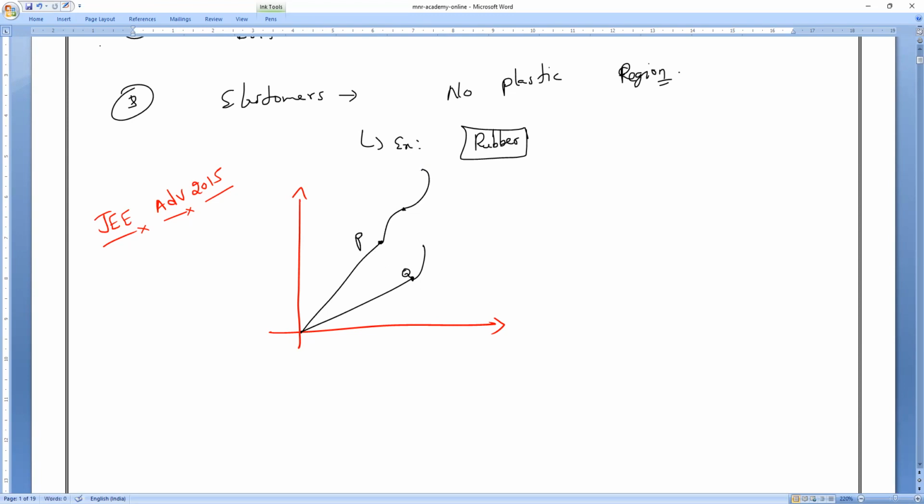This is the P graph and this is the Q graph. Now, I am giving you the options. You all should try to find it and do it. Okay, everybody. So option A: P has more tensile strength.